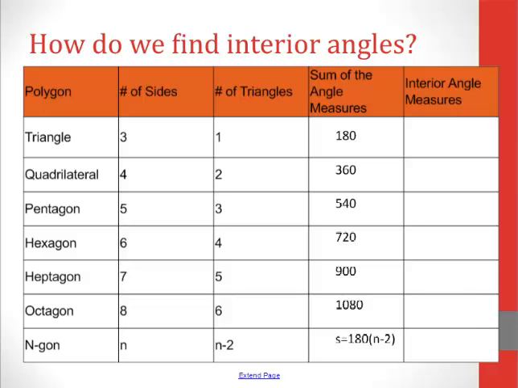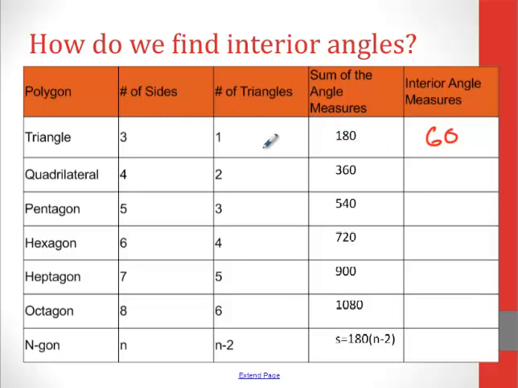So now, let's go back to this chart. We had this filled out earlier. We went through, filled it out. Now we're going to look at each individual angle if I know that they're regular polygons. This column over here is specifically for regular polygons. Because all of the angles in a triangle add up to 180, if it's regular, each one's 60.